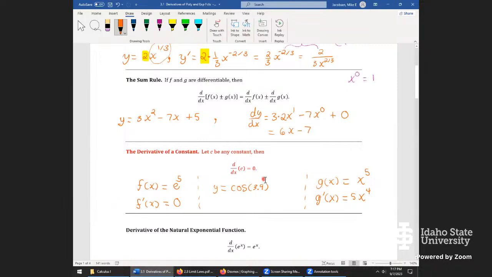But if x is missing, that's just another constant, and the derivative, y prime, would be 0 on that one. So that's the derivative of a constant, and it's a nasty rule because if you're going to use this rule, which we'll have to, you have to be very keen on what we mean by constant. Stuff like this, where it's missing the variable. This one is not constant.